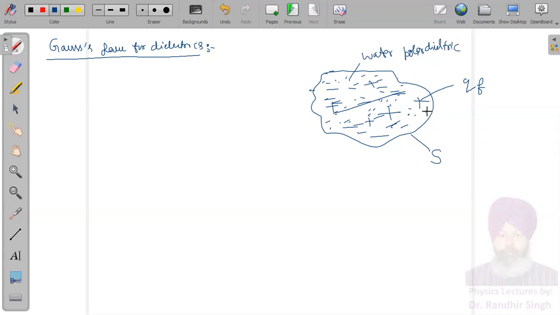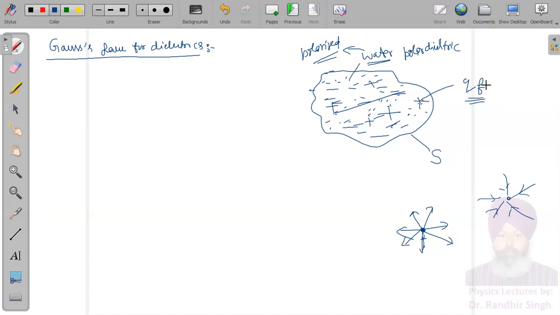Now, what will happen? Every charge, if it is positive, is a source of electric field. It emits electric field lines away from it. And if it is a negatively charged particle, it is a sink for electric field. The field lines will converge to that point. So these water molecules will get polarized because of these iron particles which have charge.